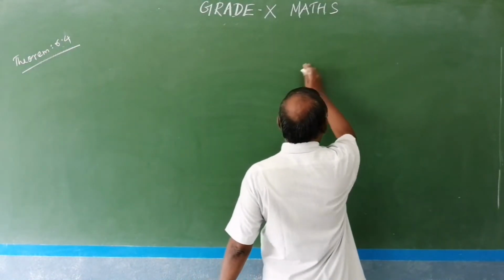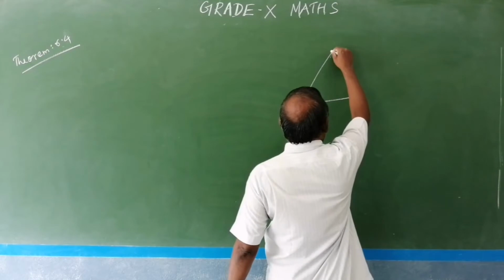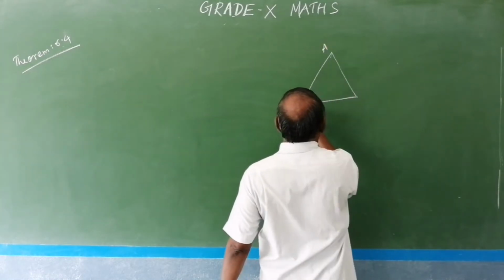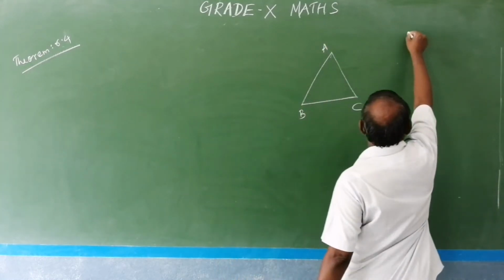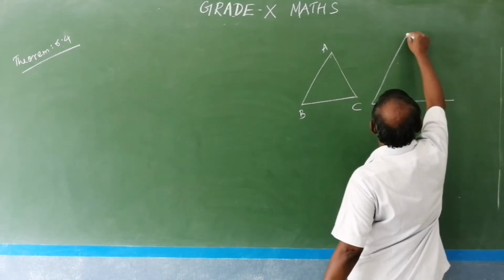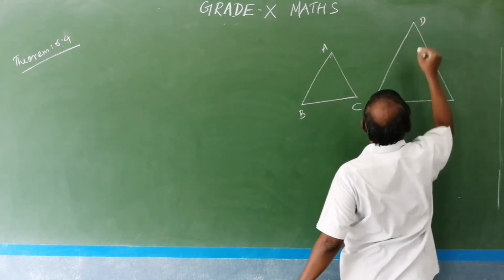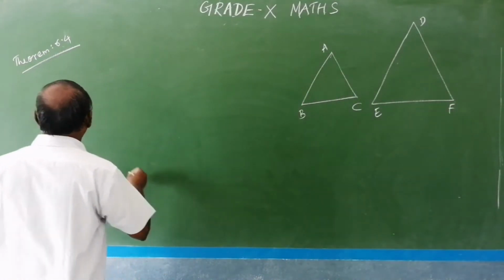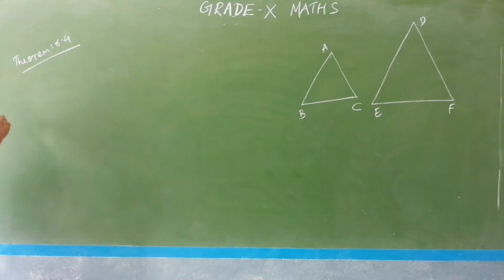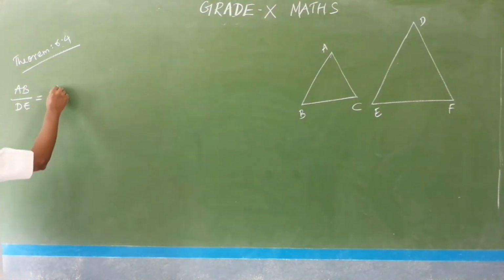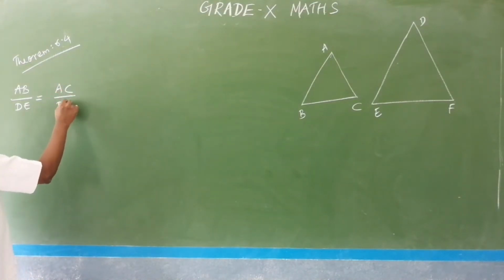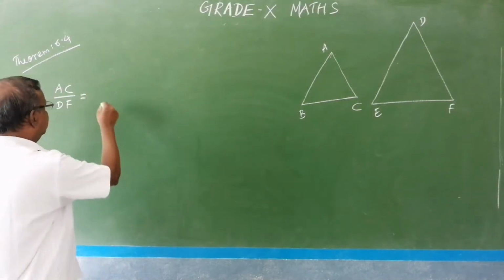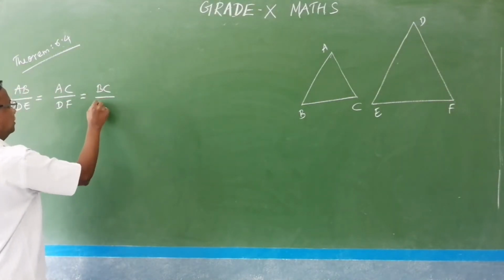Once again, let us draw two triangles ABC and another somewhat bigger triangle DEF, such that AB by DE equal to AC by DF equal to BC by EF.